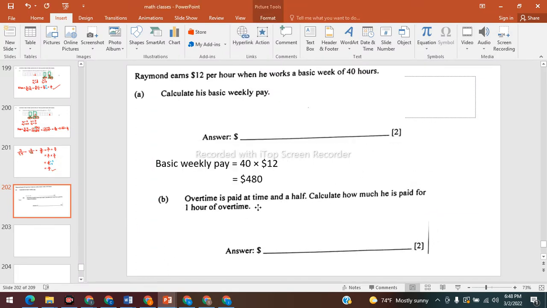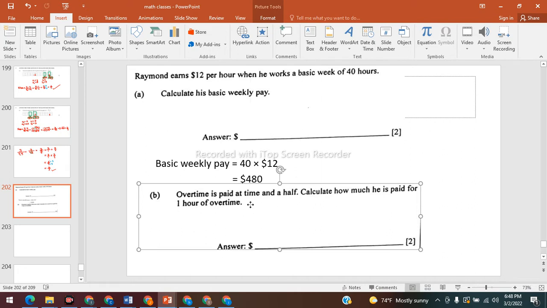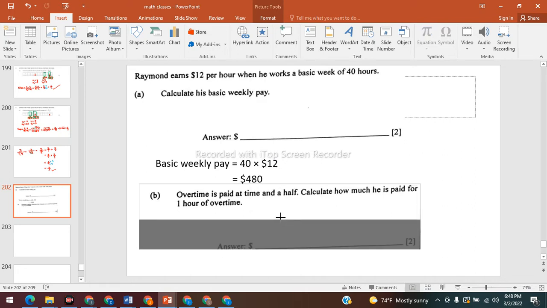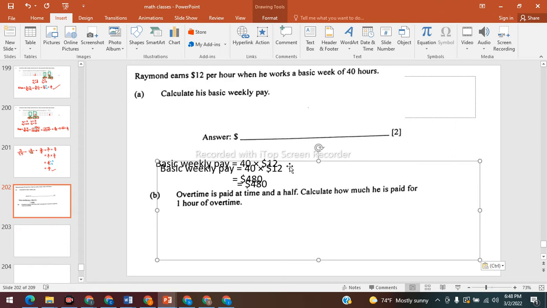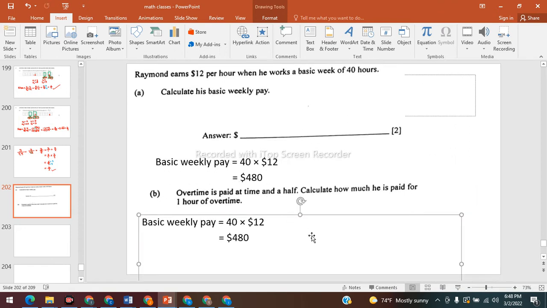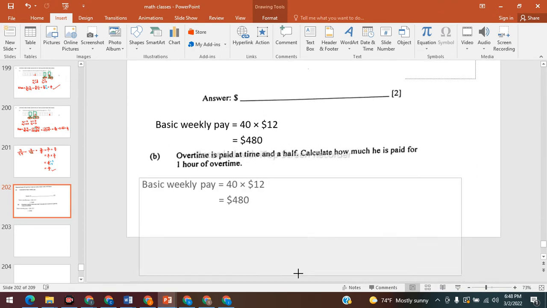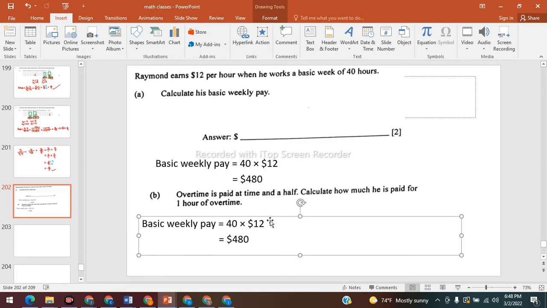Very good. Why 1.5? Because they say time and a half. What if they say double time? Times it by 2. What if they say time and a quarter? Times it by 1.25. Very good.